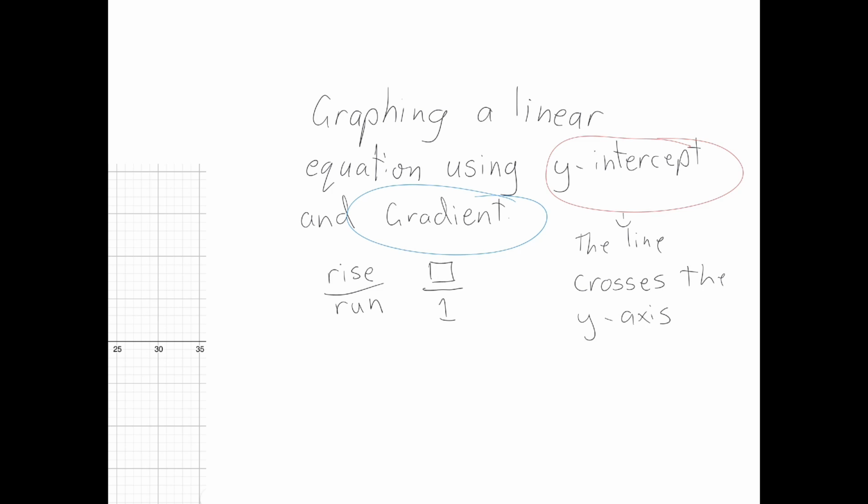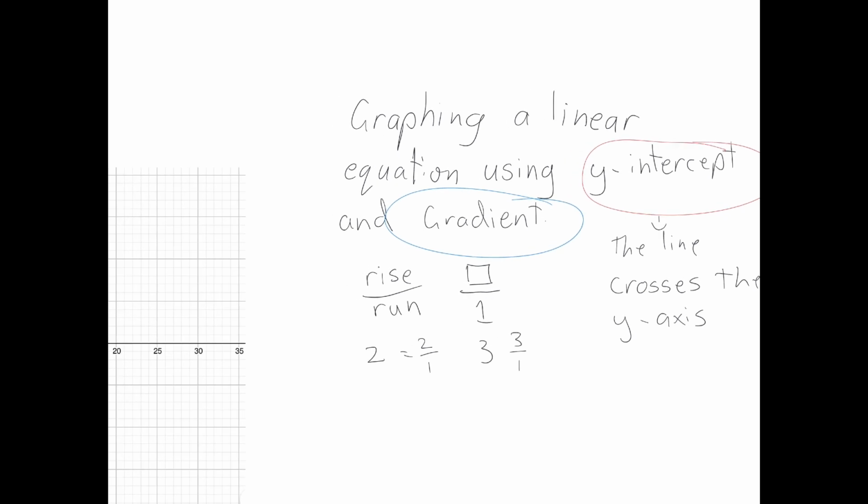So when your gradient in your rule for a straight line reads a whole number, you simply put it over 1. A gradient of 2 will equal 2 over 1. A gradient of 3 will equal 3 over 1, and so on. That's what we're looking at.